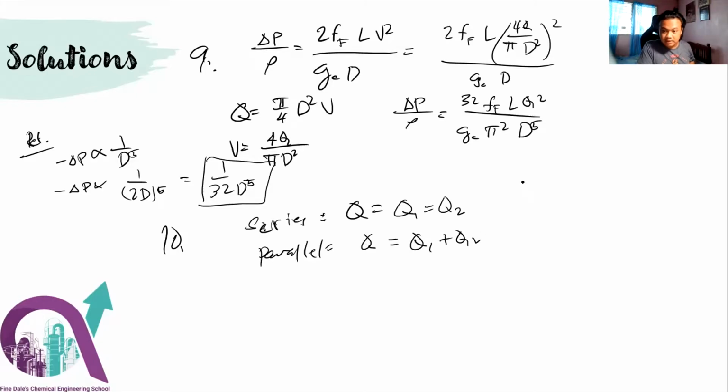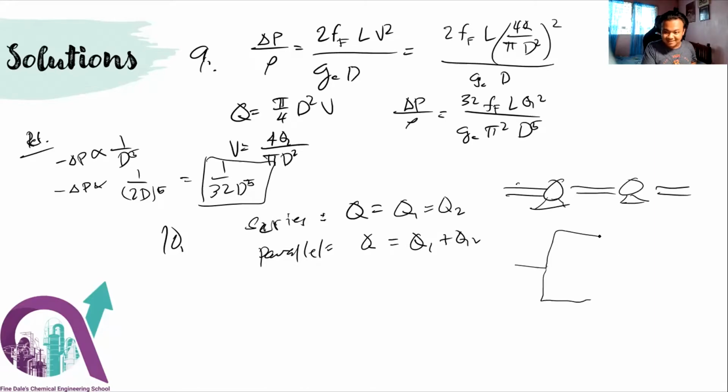So imagine you have an overall, so ako na lang yung i-drawing para imagine ninyo. As you can see, the flow rate here in parallel is just the sum of the two, and the flow rate in series is just the same for both pumps.